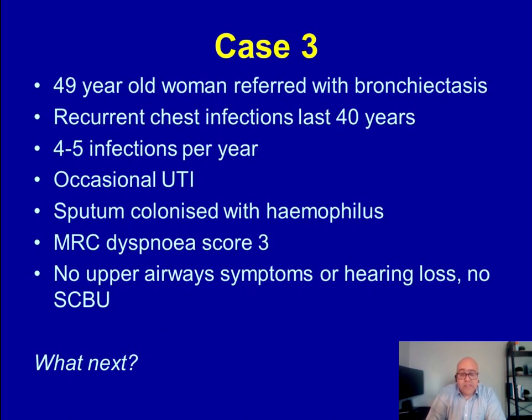On sputum analysis, she turns out to have colonization with Haemophilus influenzae, MRC Dyspnoea score of 3, and no upper airway symptoms or hearing loss or anything to suggest respiratory distress as a neonate. So you've got to think, really, what would you do next if that was your patient? What kind of things would you be thinking about in terms of further investigations or possible cause of bronchiectasis?